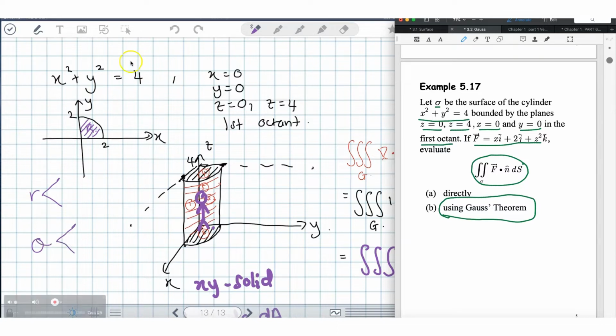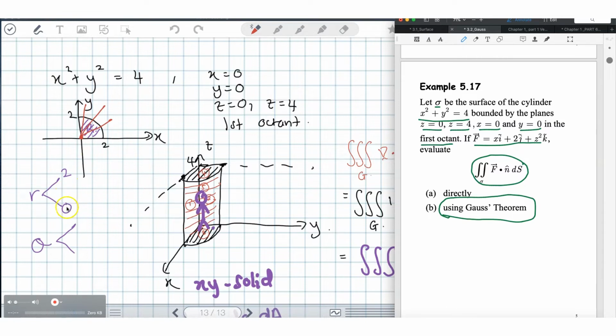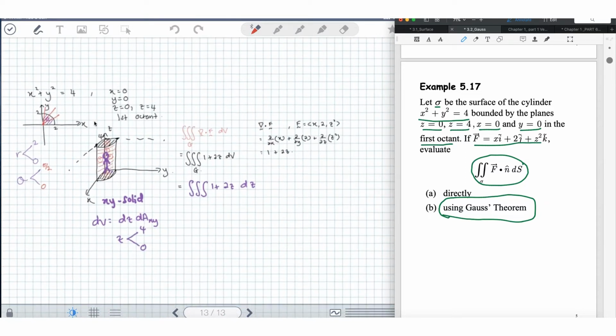From your region here, we know that the circle is radius 2, so 0 to 2. How can we determine that? You draw a line passing through the origin, and they all start from a similar lower bound and end up on a similar upper bound. So we have 0 to 2. And then theta, since this one is only located in the first octant, it should be 0 to pi over 2. So we got all the limits.